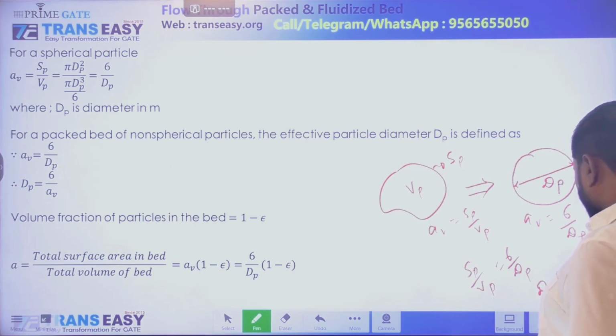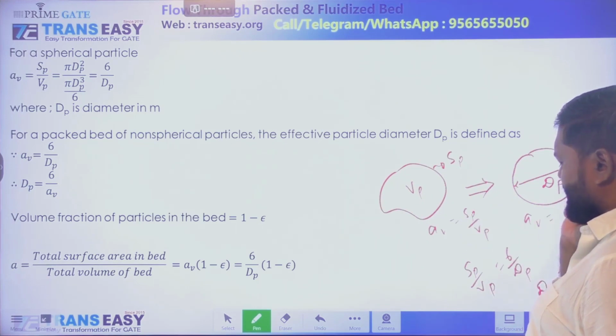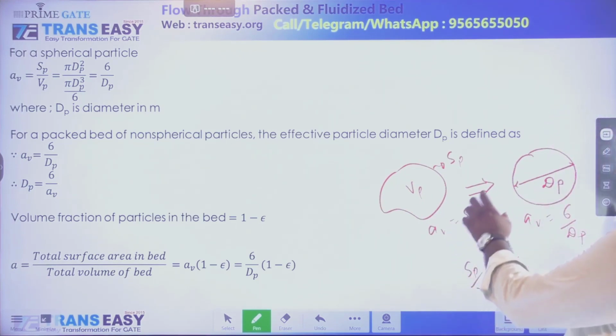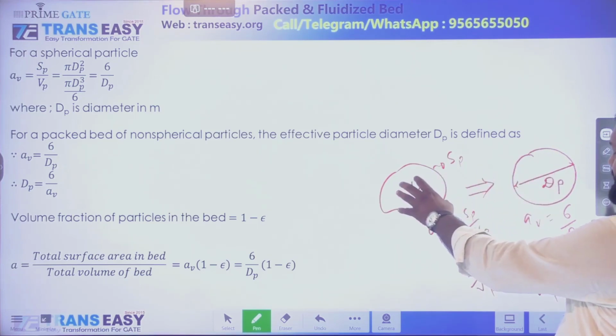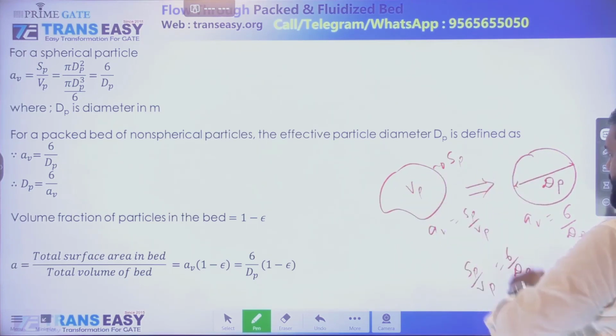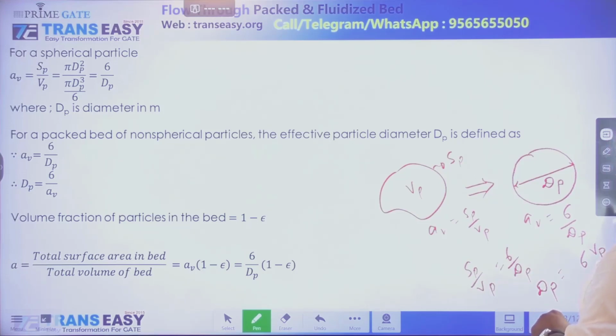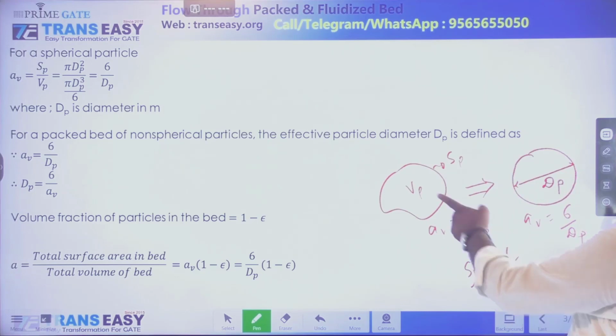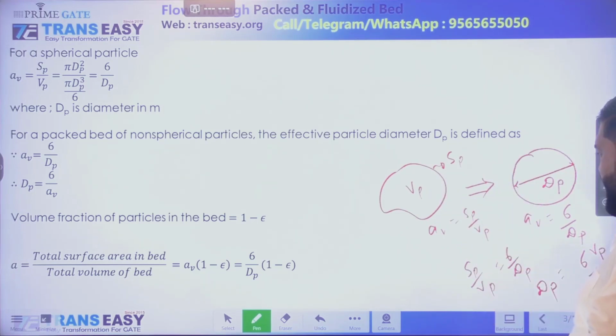So here we get dp equals 6 Vp upon Sp, where Sp and Vp are related to the non-spherical particle. So guys, this is the equivalent spherical shape corresponding to this non-spherical shape, and dp is its diameter. It is equivalent because it has the same AV as the actual non-spherical particle.